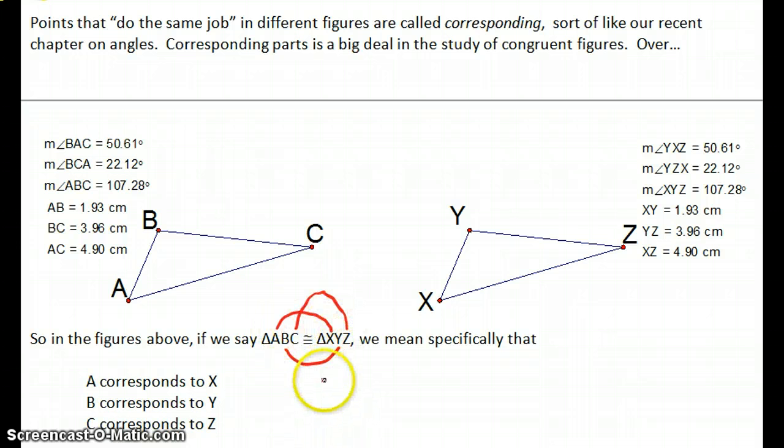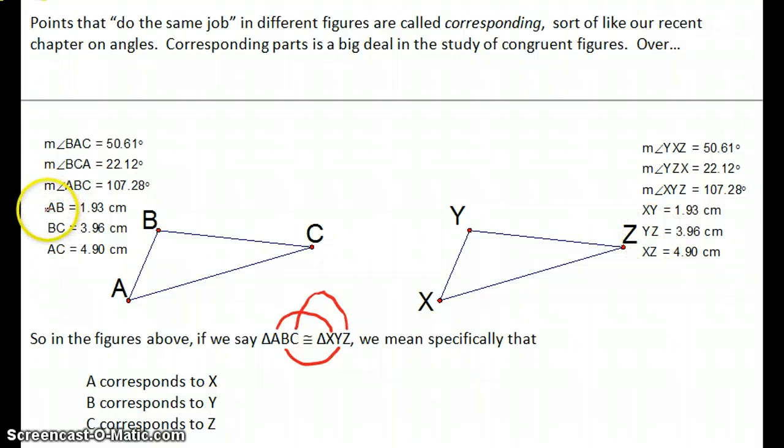I can be very sure about how those are paired up without even looking at this picture. I know that anything that happens at A has to be the same at X. In other words, angle A would have to be the same as angle X. If I look up here, the angle at A is 50.61, the angle at X is 50.61. I did these in Sketchpad, by the way, so I know they're perfectly congruent. B corresponds to Y, so angle B, which is this one, is 107, and angle Y is 107, and the other ones are the same.